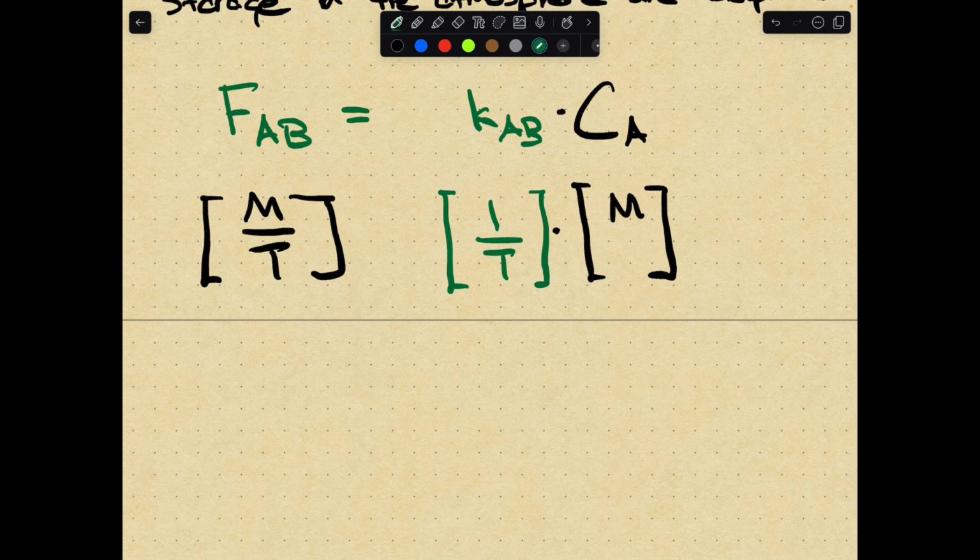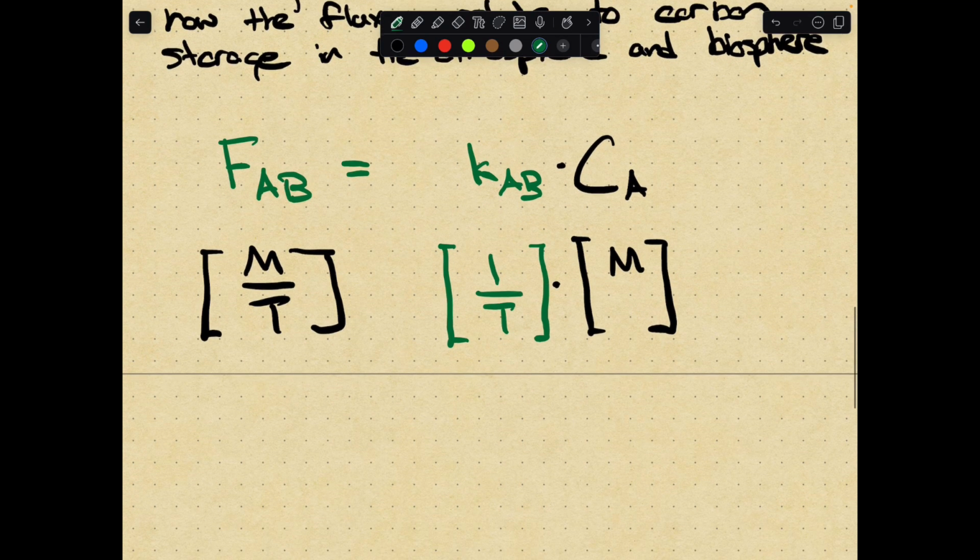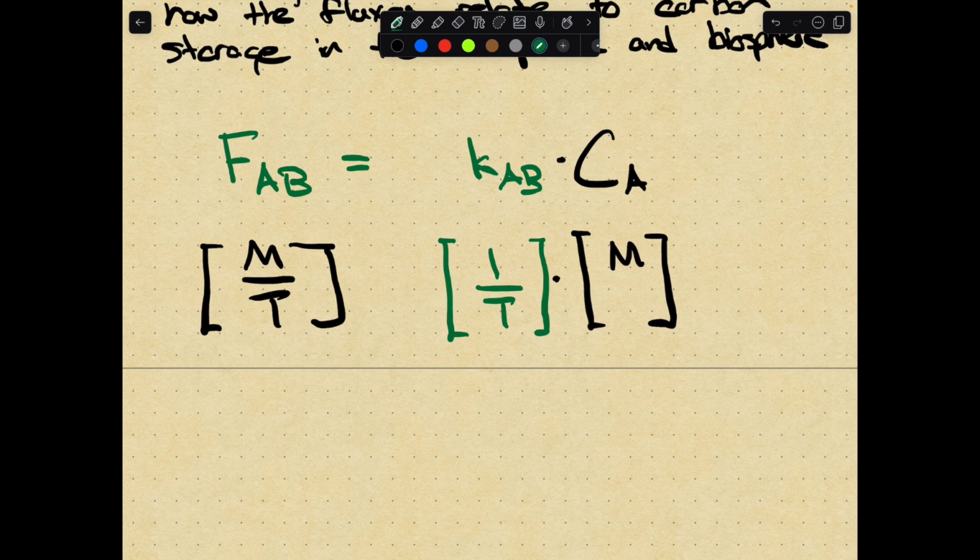Okay, so let's do the exact same thing that we did for our quote unquote photosynthesis term for our respiration burning term, right?